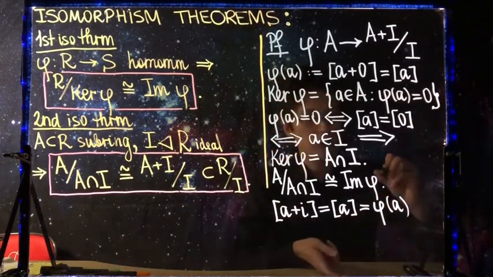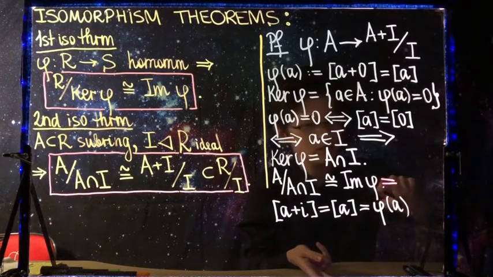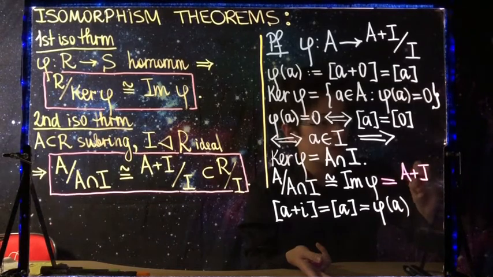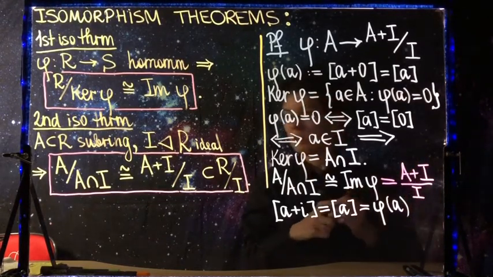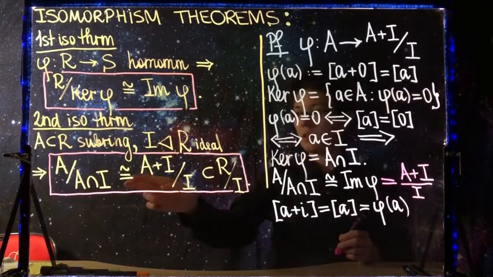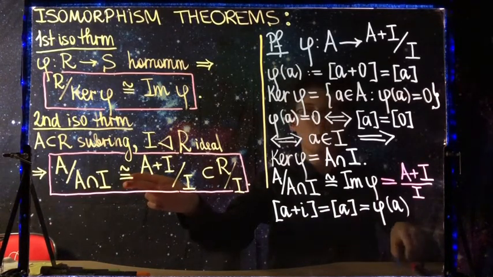So we conclude that the image of phi is A plus I quotient by I, which is the claim that we were interested in.